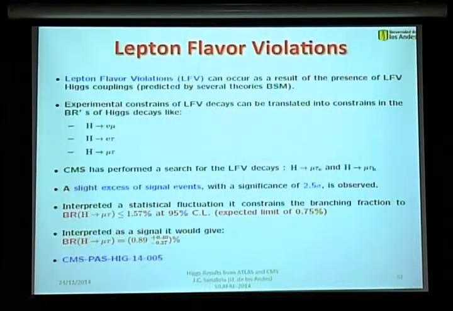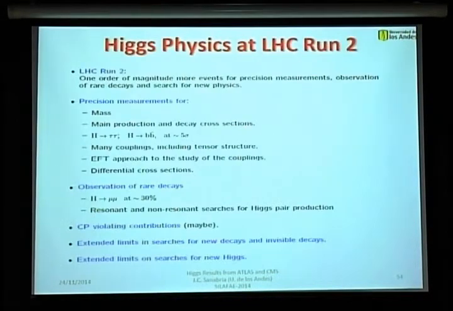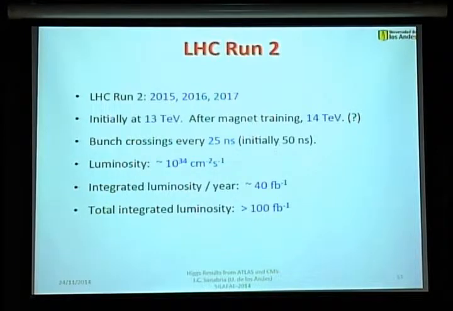And if it is interpreted as an actual signal, then it would give a branching ratio of 0.89. And that is the panorama of what Higgs physics was at the LHC Run 1 by ATLAS and CMS.